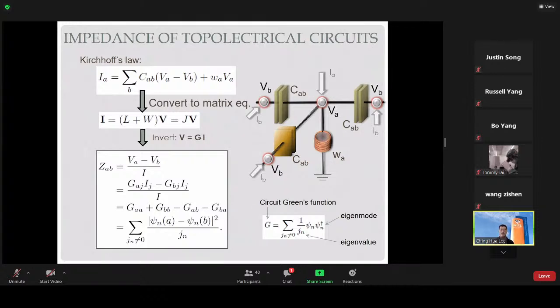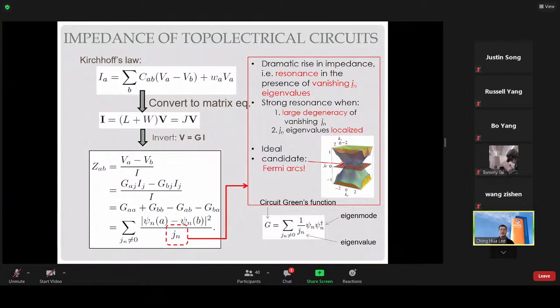What is special about this formula is that we have a denominator in the spectrum, and the denominator basically means that if we have a physical mechanism where this J_n is pinned to zero or very close to zero for many different n's, right? We will get a large degeneracy. This large degeneracy will force the impedance to be very large.